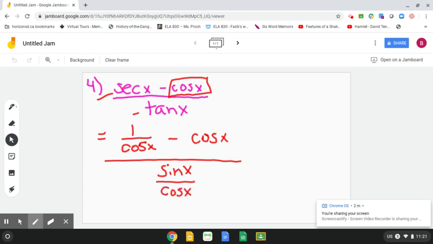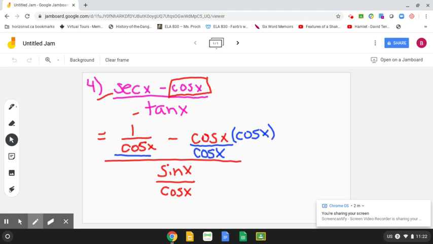All right. So when I look at that, I firstly want to deal with that numerator, because it's subtraction and I have a fraction. And when I'm subtracting fractions, I need a common denominator. Right now I have a cos x here, but I don't have one over here. So I'm going to add a 1 to the bottom, and if I add 1 to the bottom, I have to add 1 to the top.